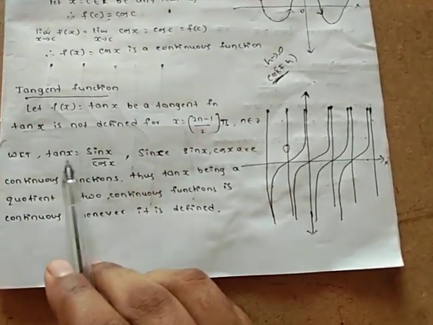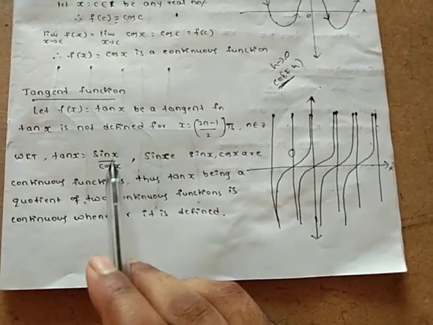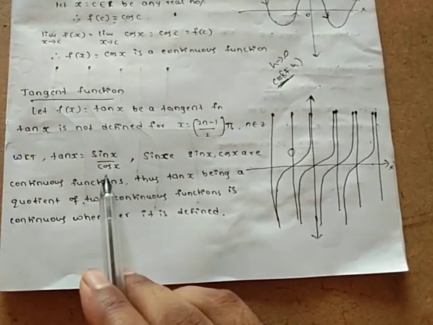By the basic definition from classes 8th, 9th and 10th, tan x is nothing but sin x divided by cos x.